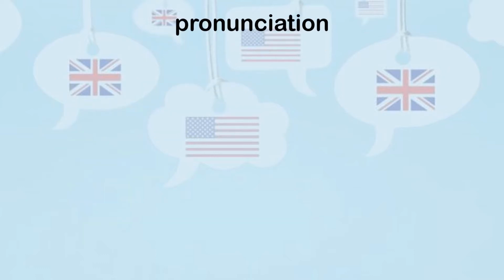So let's have a look at pronunciation. First of all, there are a number of sounds, especially vowel sounds, that are essentially different in British English and American English. For instance, the British English O is different in American English. Oh no, British English, oh no, American English. Or the OR sound, as in, for instance, all.